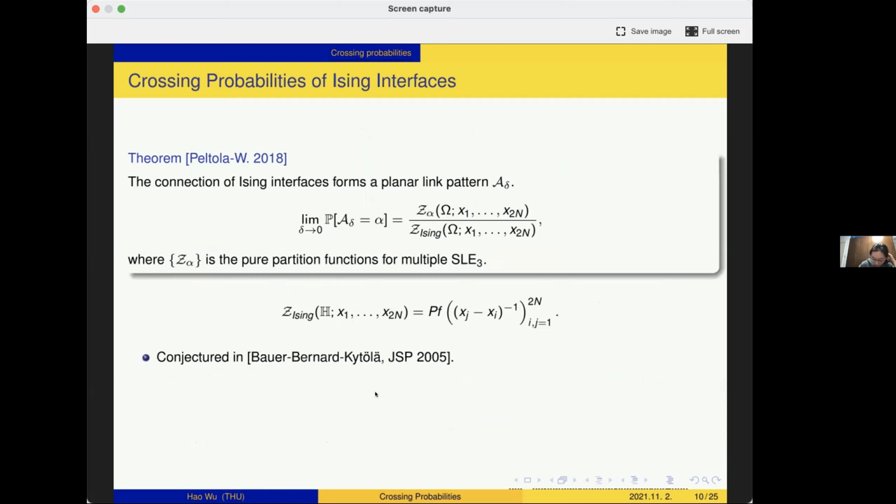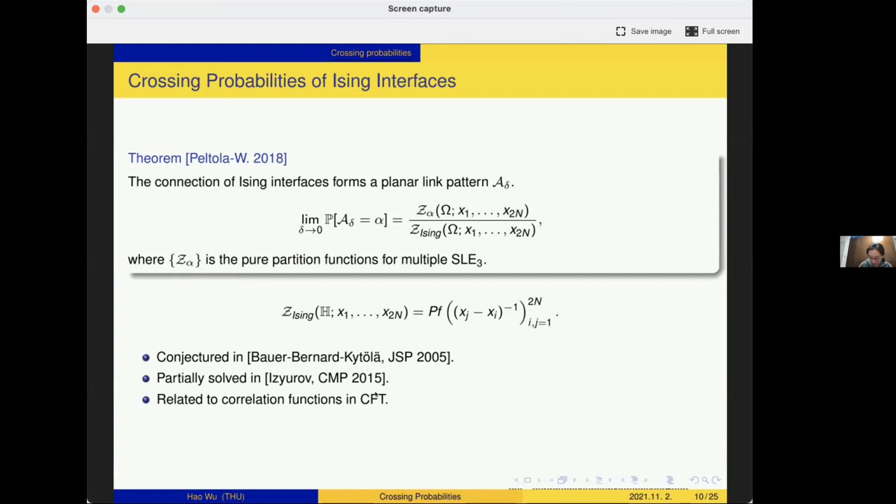So this formula was first conjectured in a paper by Bauer, Bernard, and Kytölä in 2005. Later, Izyurov proved a part of this formula, but he didn't give the full description of all possibilities. And then finally, we solved it in 2008.